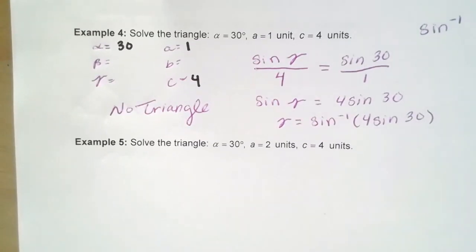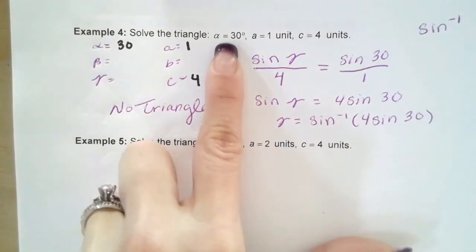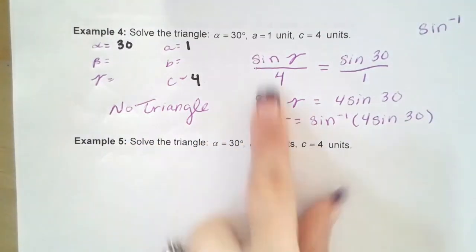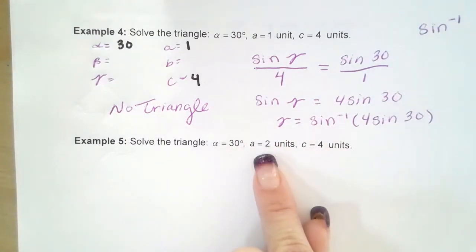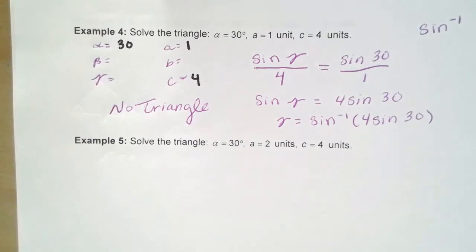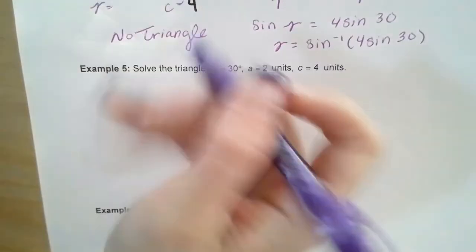Alright, so let's move on to the next one. And before I move the camera down a little bit more to show my work, notice I'm going to keep alpha. I'm going to keep side A. Well, I'm changing side A, but I'm keeping side C. So we're just changing it a little bit to see how the results change.